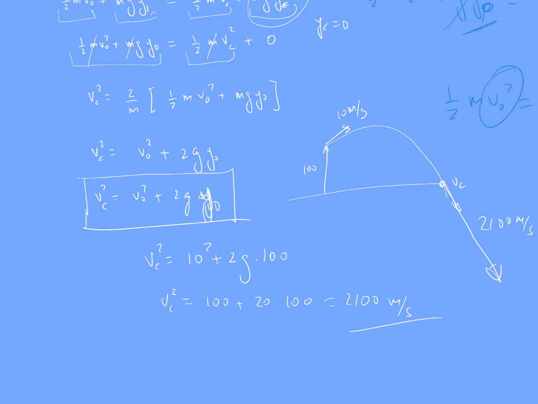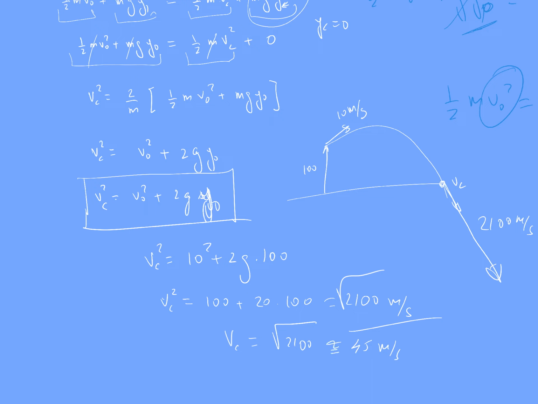Sorry, Vc is the square root of this. Vc is the square root of 2,100. Whatever it is, let me see, 30 by 30 is 900, 40 by 40 is 1,600, 50 by 50 is 2,500, so it's around 45 meters per second.